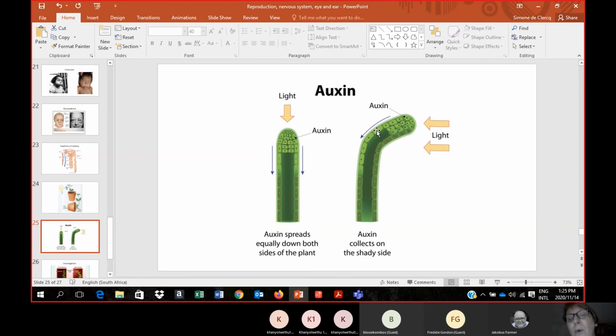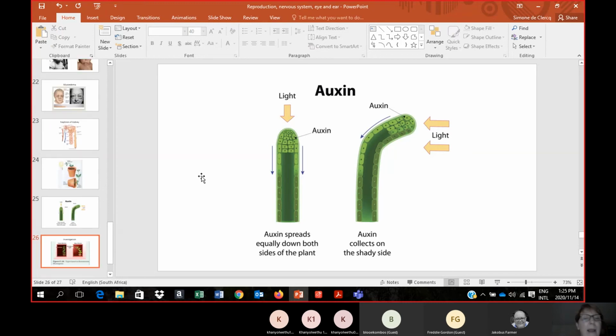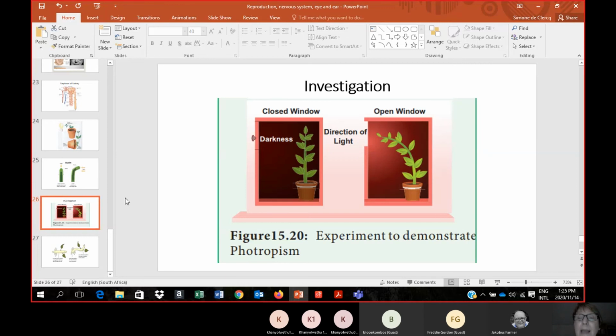But because auxin brings about cell elongation, these cells are going to elongate more rapidly than the ones on the other side, and therefore the stem grows towards light. This picture also illustrates that. If you put a plant in a box and there's light coming from one direction, after a while that plant is going to grow towards light.